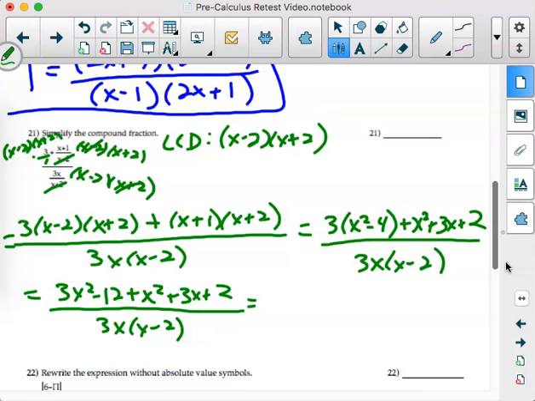Combine like terms, and we have 4x squared plus 3x minus 10 all over 3x times x minus 2.